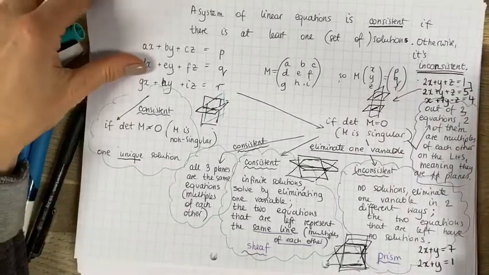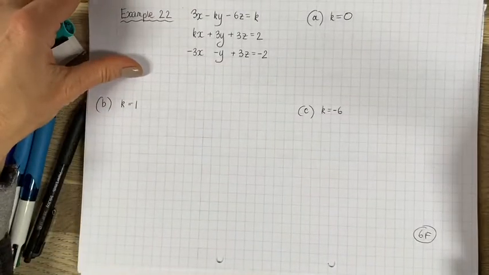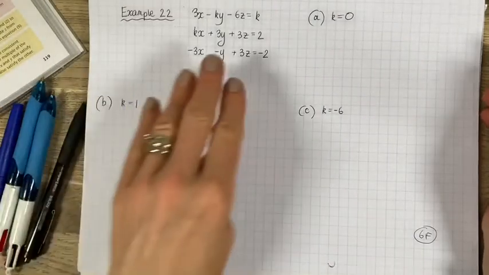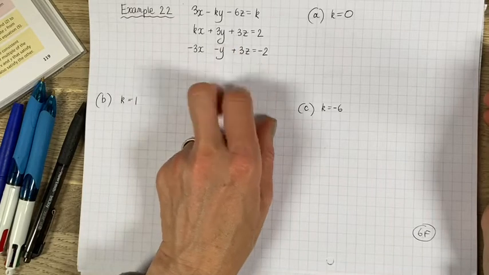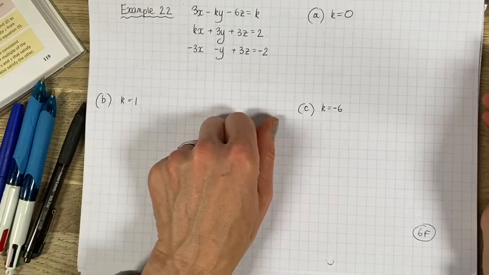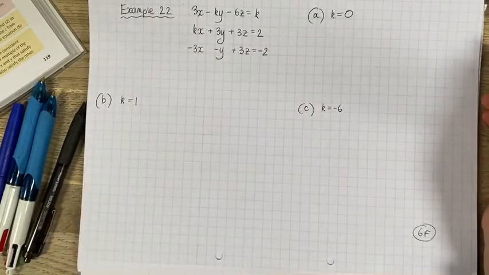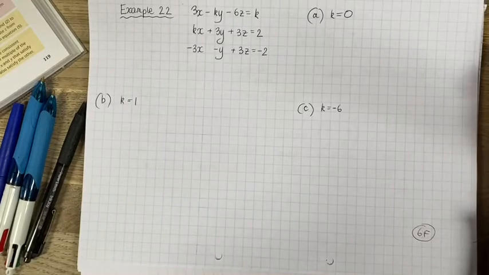Okay, so let's have a go at example 22. What they're asking us to do is have a look at this system of equations. You can see that some numbers have been replaced with letters. Depending on what the letter is equal to, we are going to find out whether there is a solution or no solution.